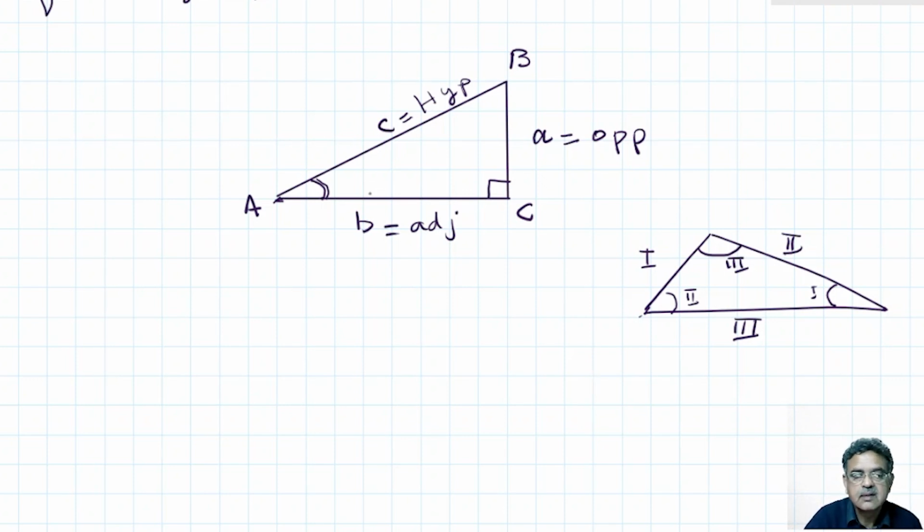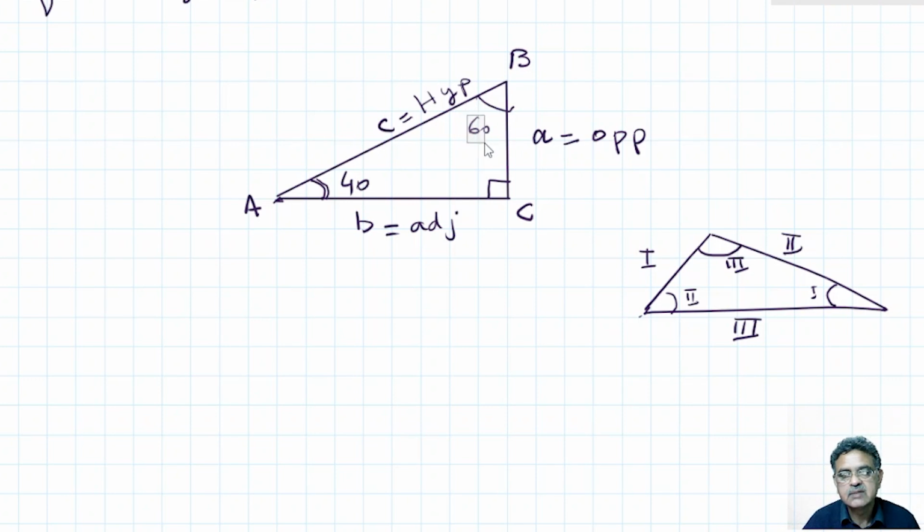That means if this angle is 30 degrees, then the value of this angle will be 60, 30 and 60. But if this angle is 40, then what should be the value of this angle?